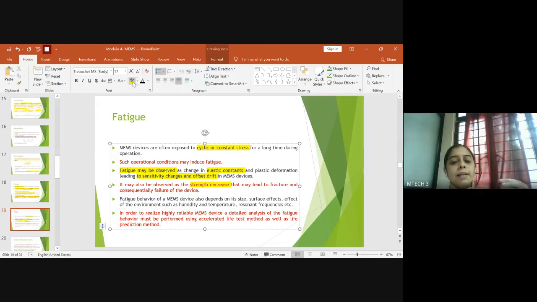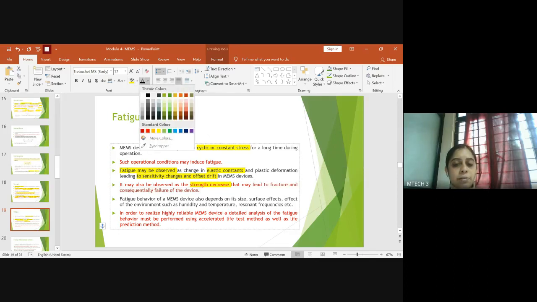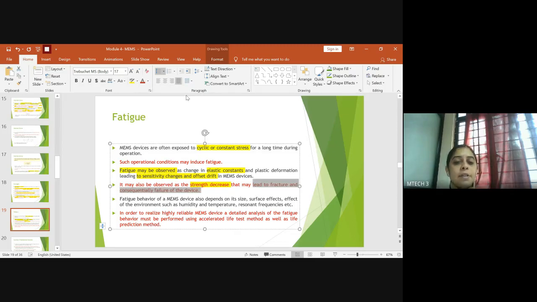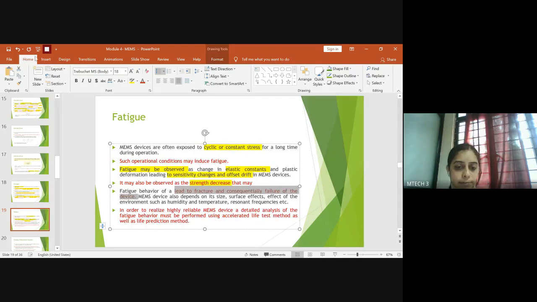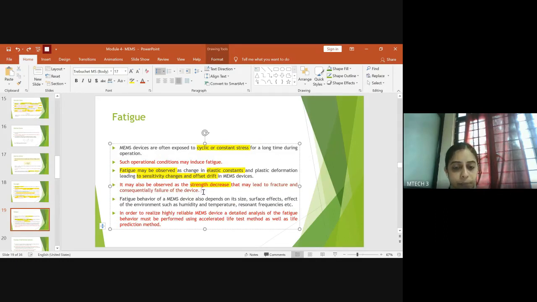Due to this sudden reduction in strength, the drawback is that it may lead to fracture accidentally. Once a fracture occurs in a device without any notice, it results in the failure of the device, and that device could not be used further.